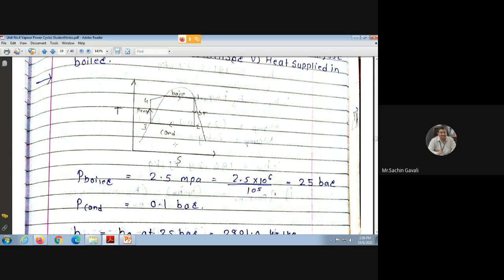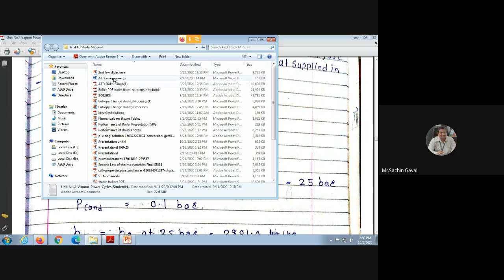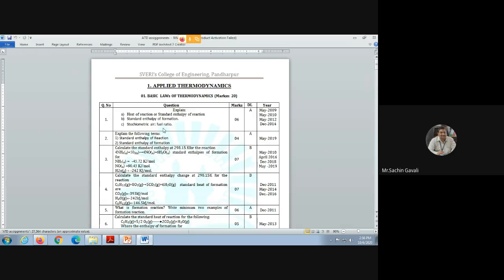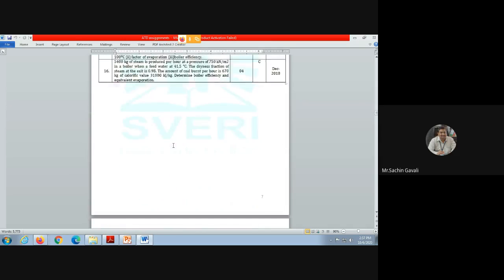I will give one from here. I'll put this numerical in our group, or otherwise as an assignment if it is there. This numerical as homework.